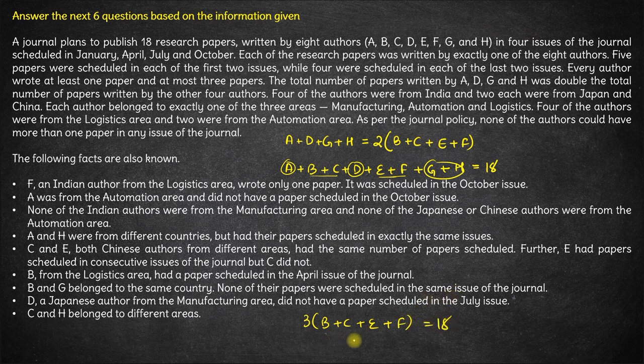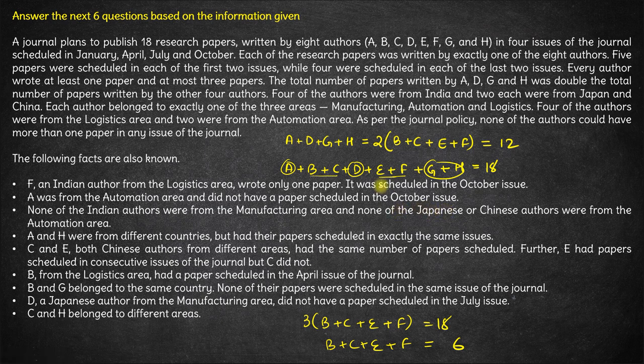So we get B plus C plus E plus F altogether is 6. That means these 4 people wrote 6 papers together. Hence A, D, G and H together must have written twice of 6, 12 papers.